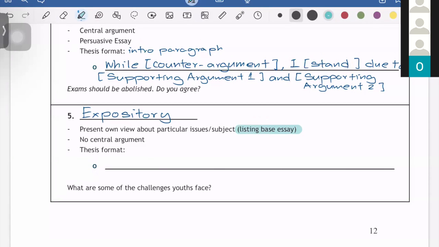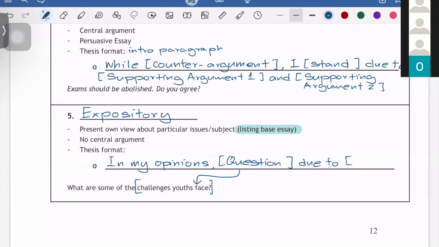So thesis format for this essay would be different. Because this is listing, you can say, in my opinion, the question, this would be challenges youth face are due to, then you give me your point.